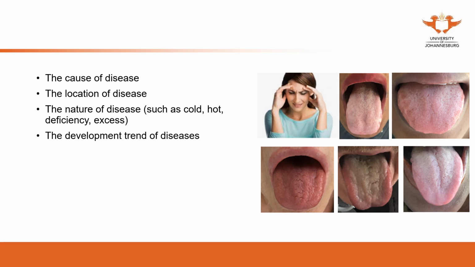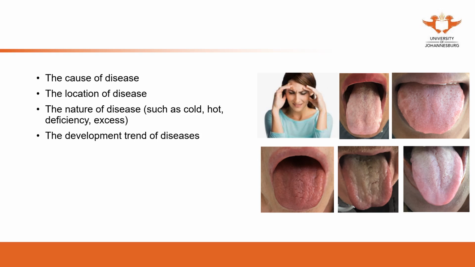From this group of symptoms, you might conclude that the patient may suffer from wind cold. And then the wind cold is the cause of this disease. And then if the patient has a headache and may have cough, you can differentiate the location of the disease, might be either from the lung or superficial skin, or even in the head. So it depends on individuals.